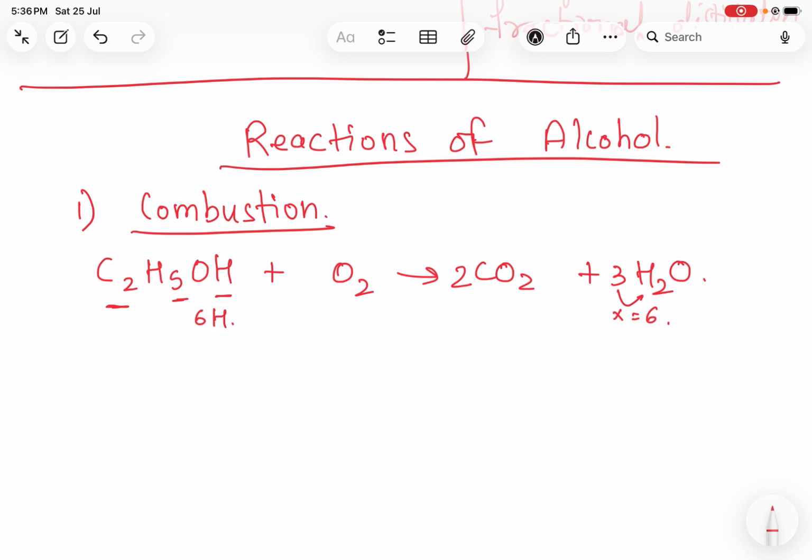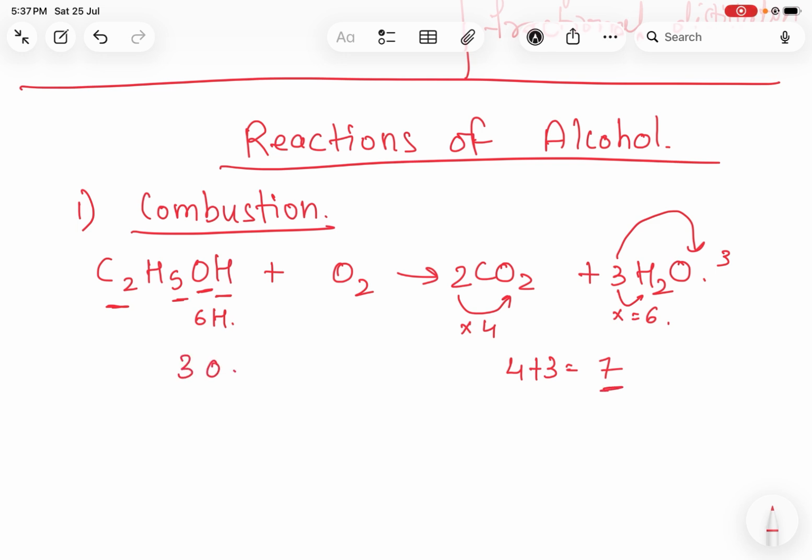And lastly, we will balance oxygen. So we have 2 twos, 4 oxygens, and 3. So we have 4 plus 3 is equal to 7 oxygens here. And we have 2 plus 1 oxygen in ethanol, that is total 3. So we have 3 oxygens here.